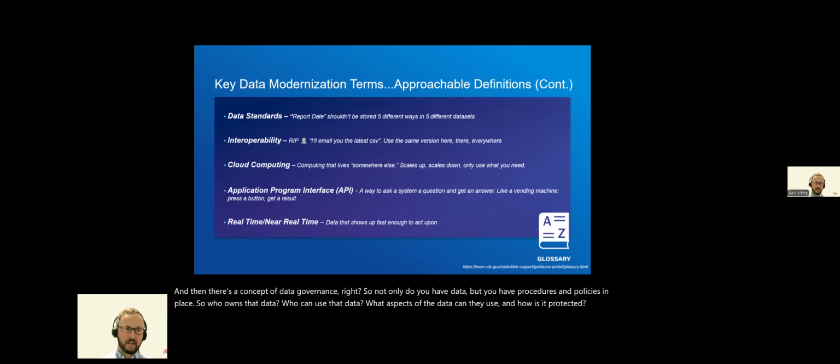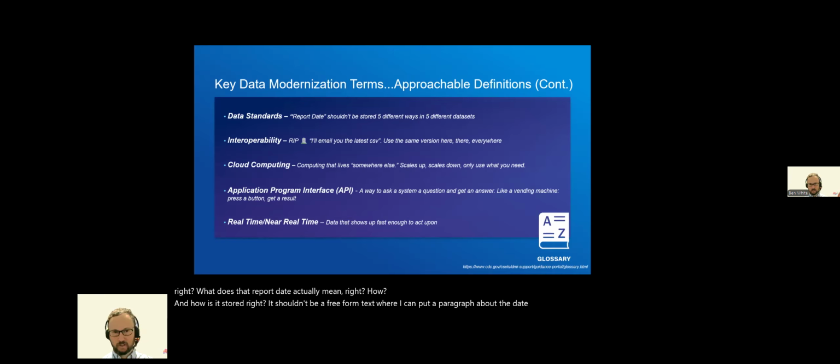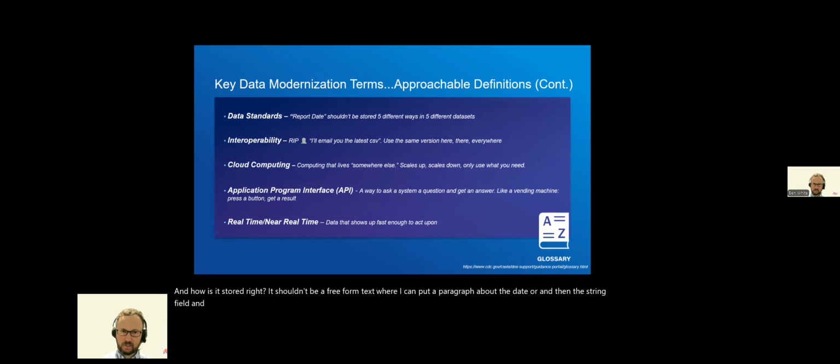So on that same vein, data standards, right? So if I have a column, if I want to capture the report date of something, report date of an incident, report date of response, report date of a case of communicable disease, right? What does that report date actually mean, right? And how is it stored, right? It shouldn't be free form text where I can put a paragraph about the date, and then a string field in one, and then a numeric in something else, and a date time field here.